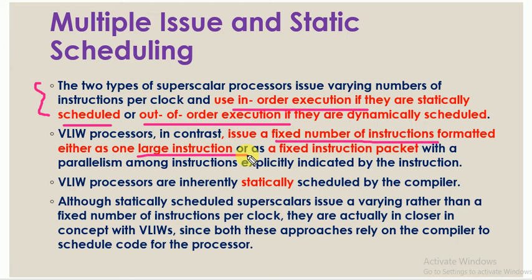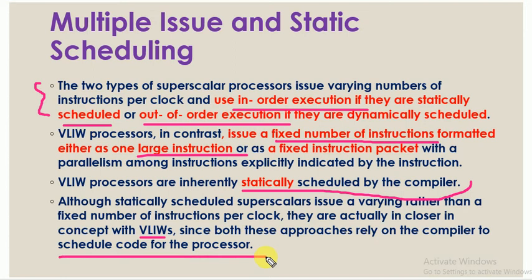Now these processors are inherently statically scheduled, and it is done by the compiler itself. Statically scheduled superscalars issue a varying rather than a fixed number of instructions per clock. They are actually closer in concept to VLIW, since both these approaches rely on the compiler to schedule code for the processor.